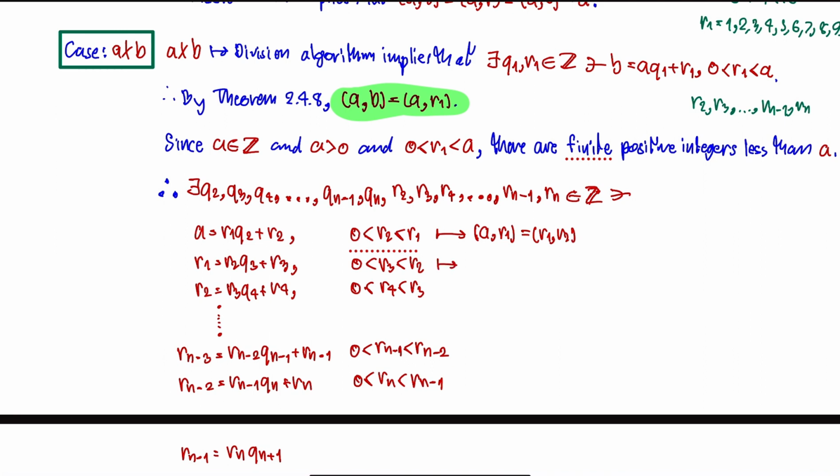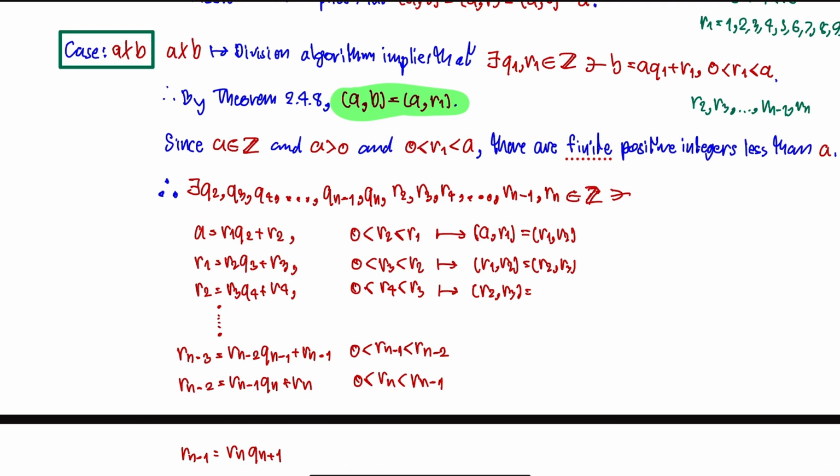Next one, you divide R1 by R2, we gotta have the greatest common divisor of R1, R2 equal the greatest common divisor of R2, R3, right? Because R3 is the remainder. And this one right here, we're gonna have the greatest common divisor of R2, R3.